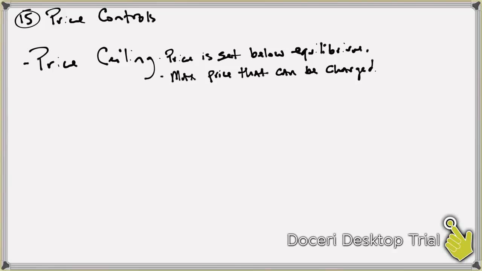Okay? And we will put our supply and demand curve down and make sure we label this. We've got our equilibrium price and quantity.